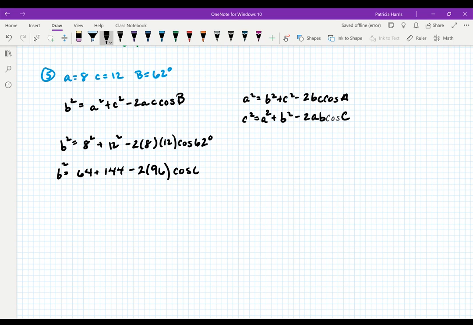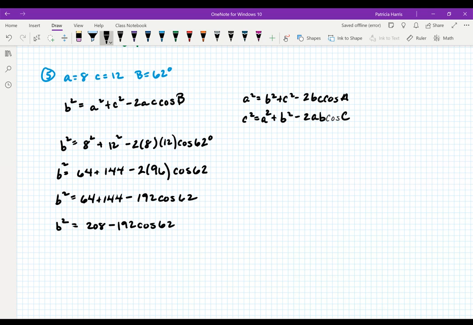Now, when you're typing things into your calculator, you do have to be aware that your calculator obeys the order of operations, so just be careful. Okay, so 64 plus 144 is 208.